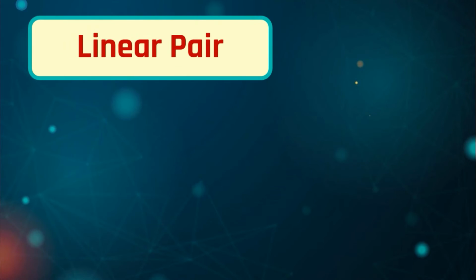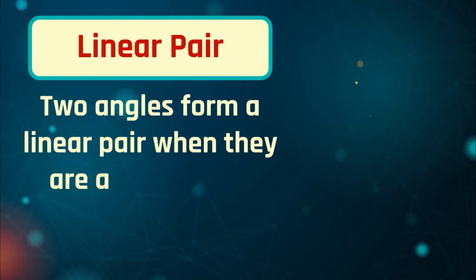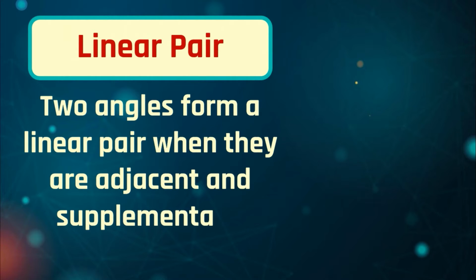Okay, now let's proceed on to the linear pair. When we say linear pair, two angles form a linear pair when they are adjacent and supplementary. So sa Tagalog, para matawag natin na linear pair sila, unang kailangan dapat ay adjacent. So ibig sabihin magkatabi or magkasunod or magkadikit.